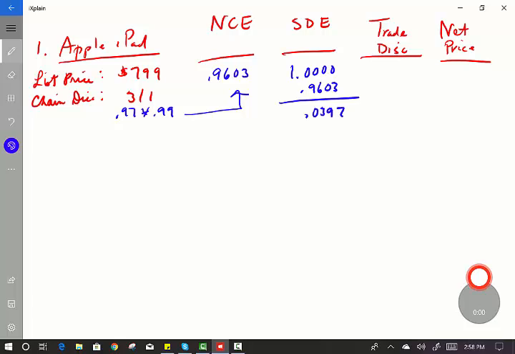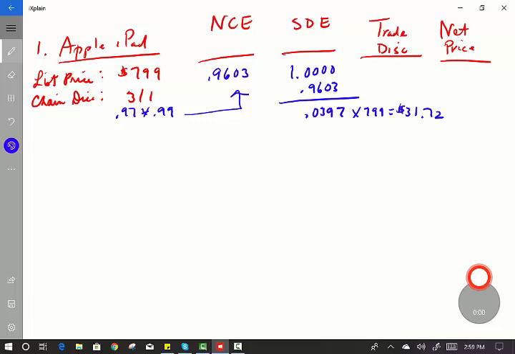Okay, now to calculate the trade discount, I can multiply the single discount equivalent by the list price of $799, and that will equal $31.72.